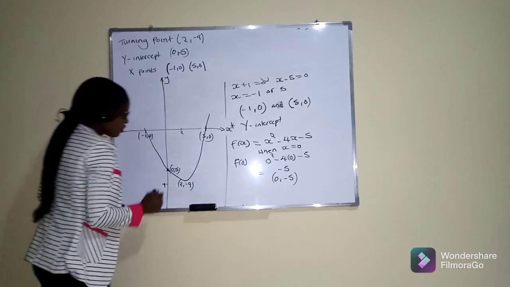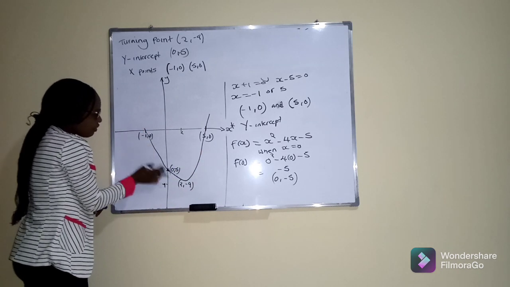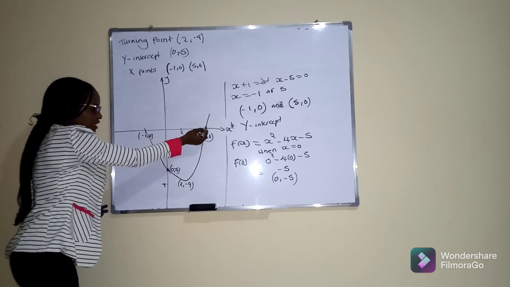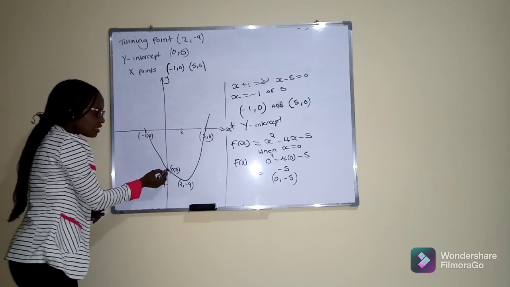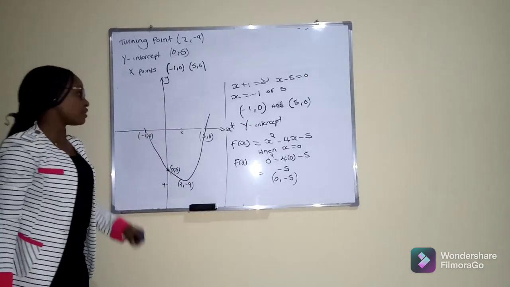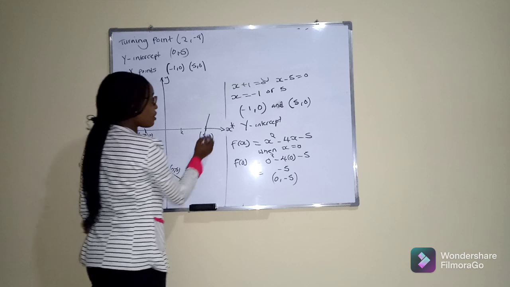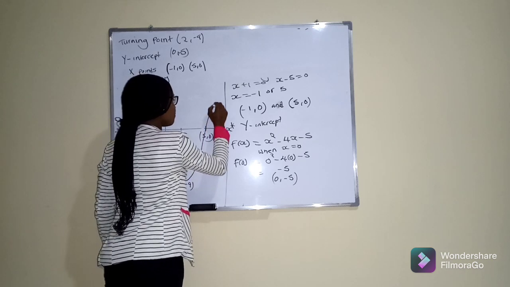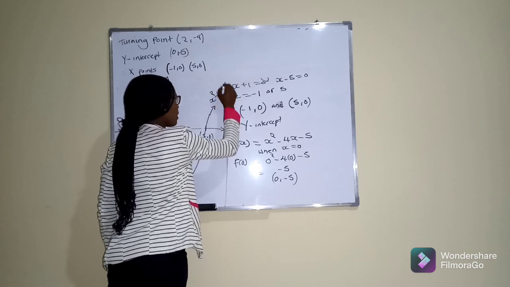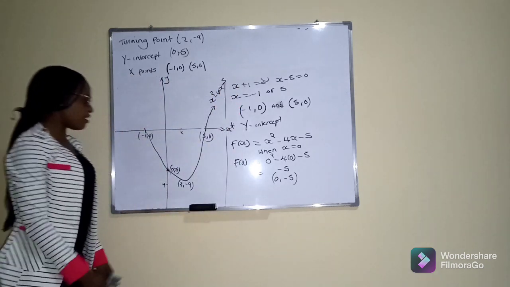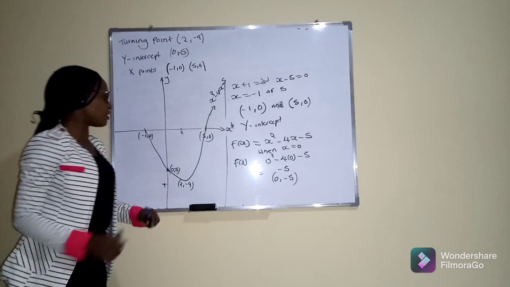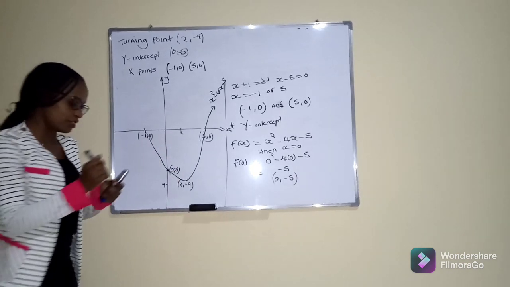So this graph is cutting on this point, it's also cutting at this point, then it's also cutting on the y-intercept, and it turns where we have the turning point. So this graph that we have here is x to the power 2 minus 4x minus 5. And we are done. It's as simple as it looks on the board.